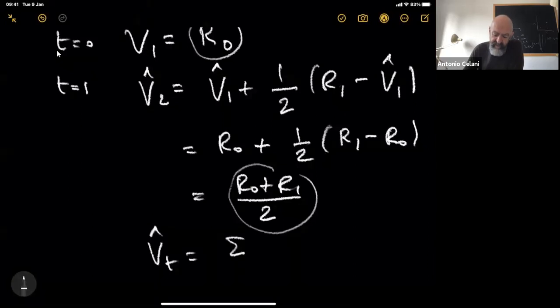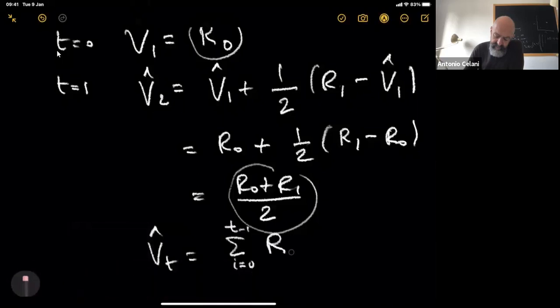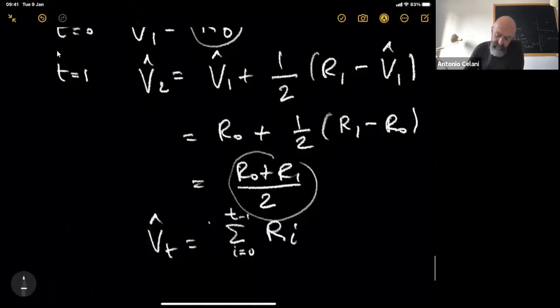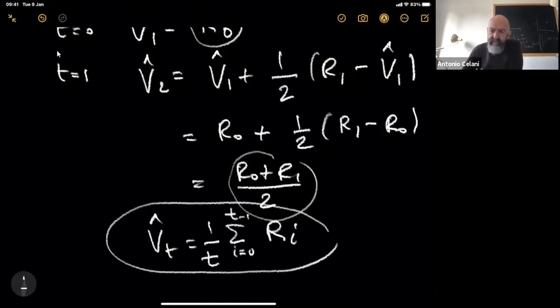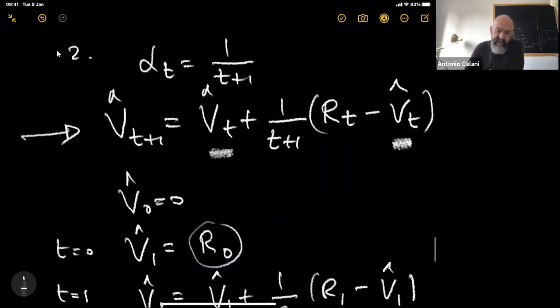It's the sum of the rewards Ri from time 0 to time t minus 1, times 1 over t. And in fact, this object here is nothing but the recursive way of computing a sample mean.